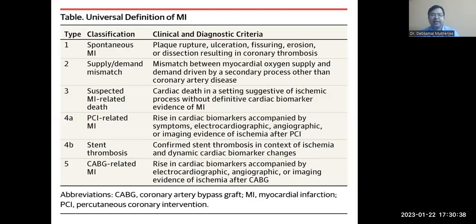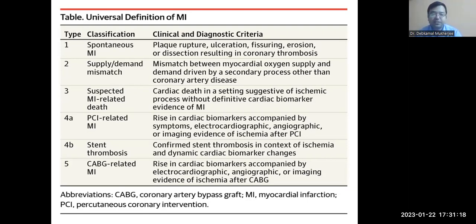So to summarize everything into a single slide, this universal definition divides myocardial infarction into 5 types. Type 1 is a spontaneous myocardial infarction, which is primarily caused by a plaque rupture leading to coronary thrombosis. Type 2 myocardial infarction is classified in patients who have a supply-demand mismatch, a mismatch between the myocardial oxygen supply and the demand of the myocardium, rather than any existing coronary artery disease.